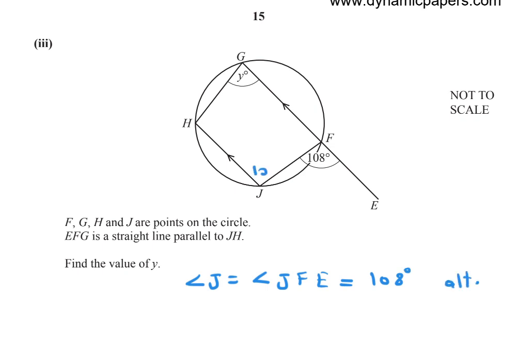So this angle is 108. Now Y plus 108 equals 180 because of opposite angles in the cyclic quad. So Y equals 180 minus 108 equals 72 degrees.